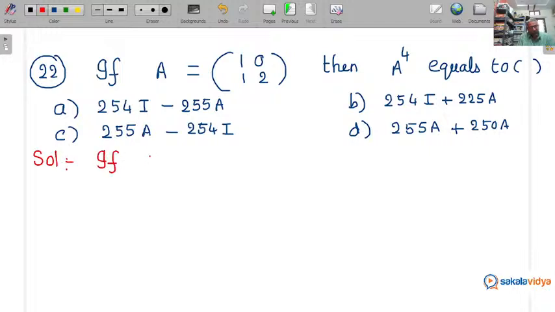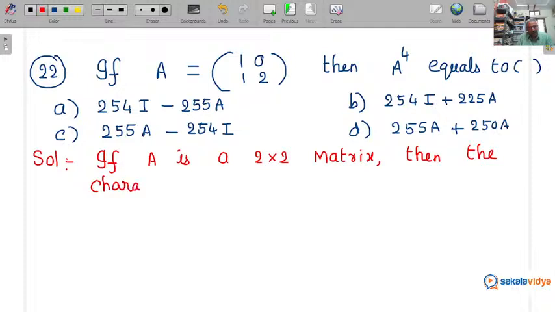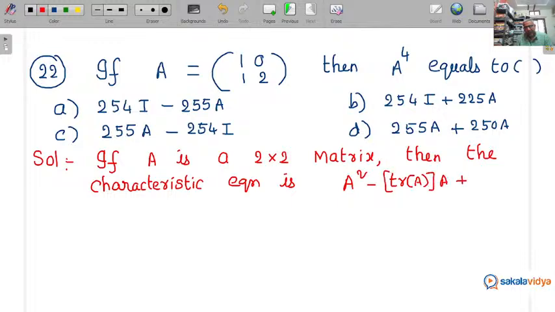If A is a 2 by 2 matrix, then the characteristic equation is A square minus trace of A plus det of A into I equals 0. 2 by 2 matrix means like this we need to find out.